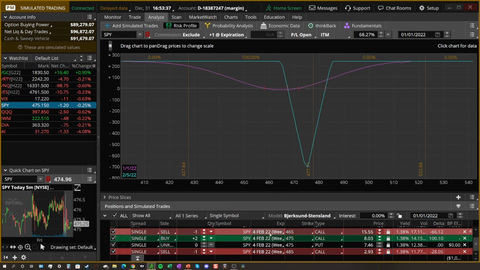So we have one position at the 465 call, two at the 475 call, and one at the 485 call. We are selling the lower leg at 465, buying two in the middle at 475, and selling the higher leg at 485. Okay, so this is how you would set this up.